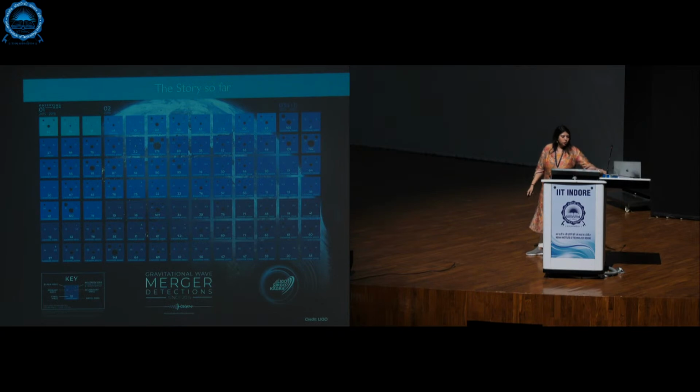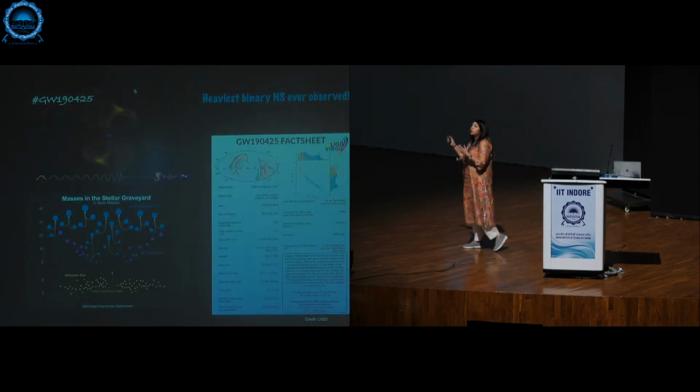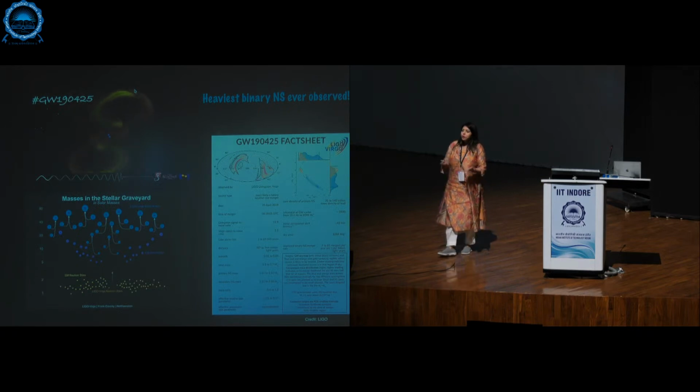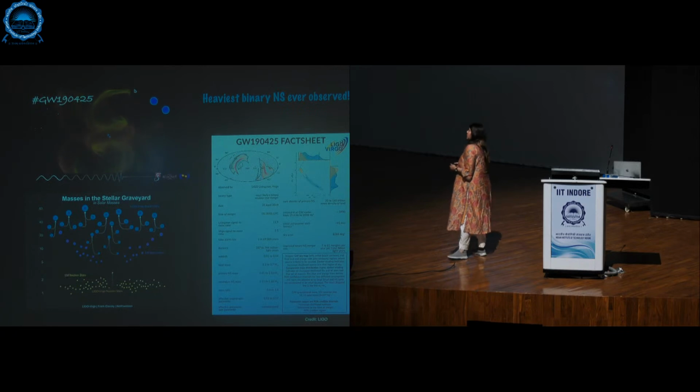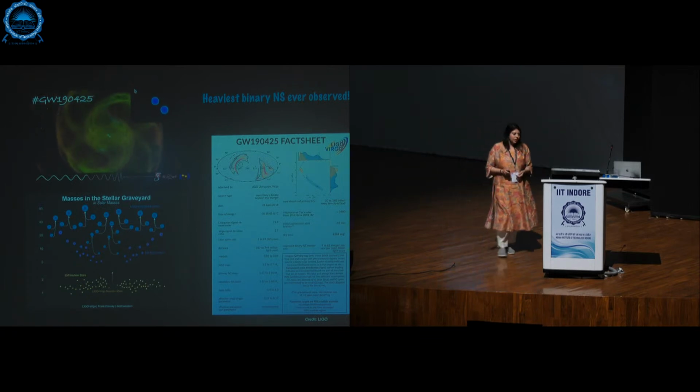So I will show you very briefly what some of these objects are. They were not as surprising as GW170817, because these discoveries could not detect electromagnetic counterparts, but still they gave us a lot of very interesting information.